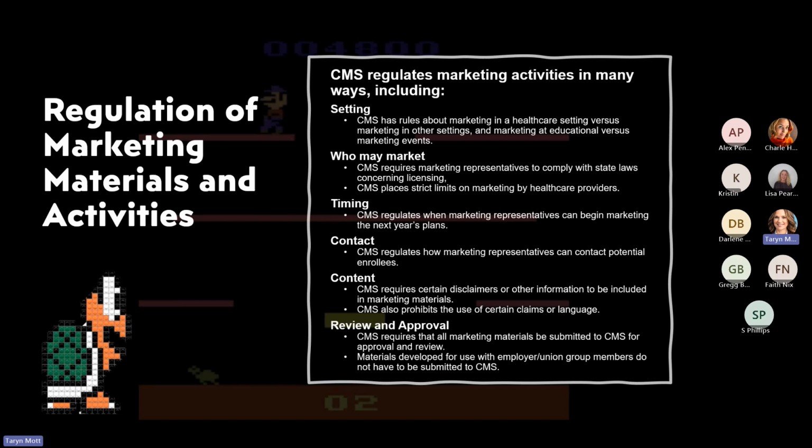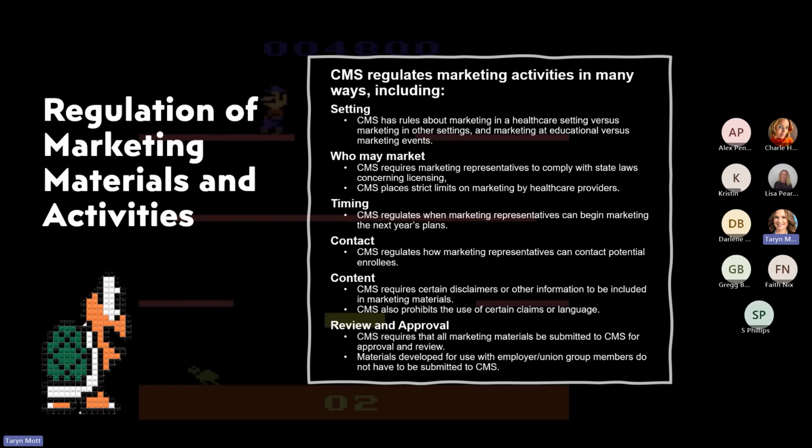CMS places strict limits on marketing by healthcare providers. CMS regulates when marketing representatives can begin marketing the next year's plans. Pop quiz. When can we start talking about 2026 plans? October 1st. Contact: CMS regulates how marketing representatives can contact potential enrollees.